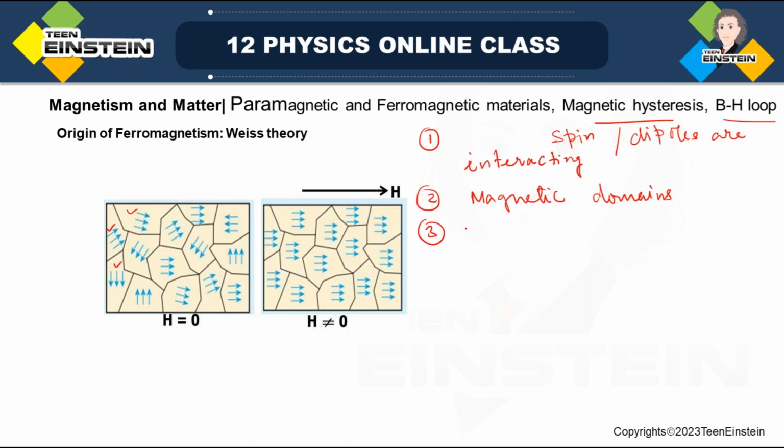However, due to thermal energy or thermal agitation, these domains are randomly oriented.